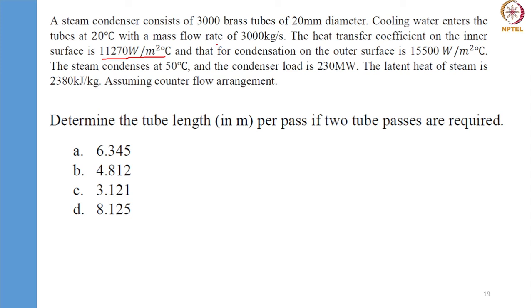The steam condenses at 50 degrees Celsius, and the heat exchanger heat load is 230 megawatt. Assuming that the latent heat of steam is 2380 kilojoule per kg, and a counterflow arrangement, I want to know the tube length per pass if two tube passes are required.